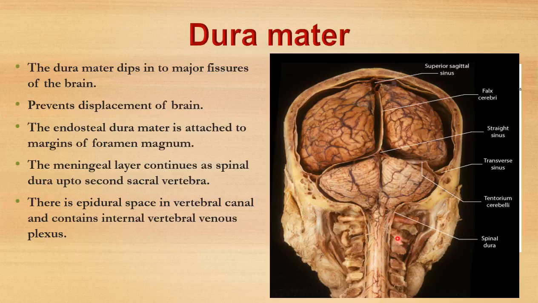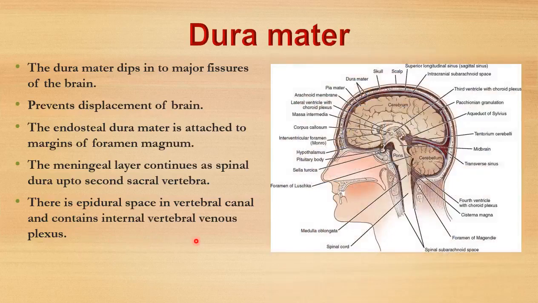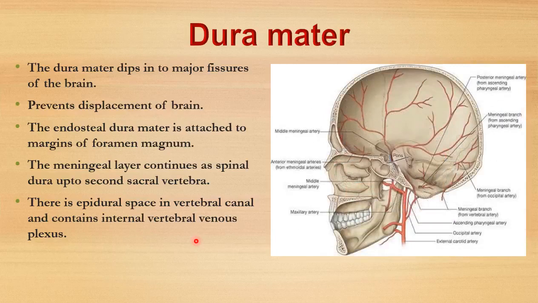In the vertebral canal, the bones again have their own endosteum, so an epidural space occurs between the vertebral canal and the spinal cord. In this epidural space lies your internal vertebral venous plexus.